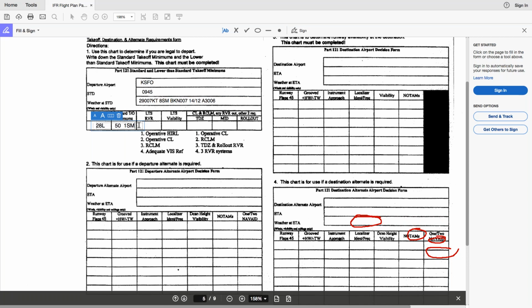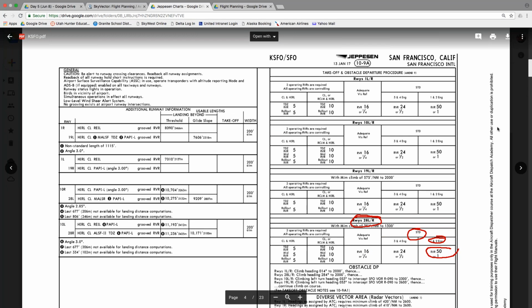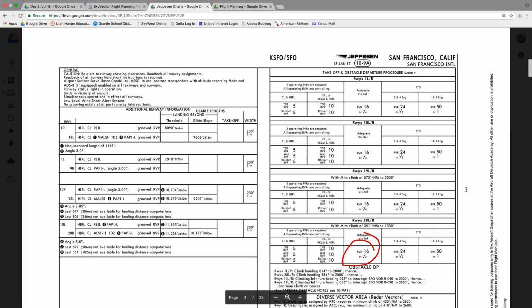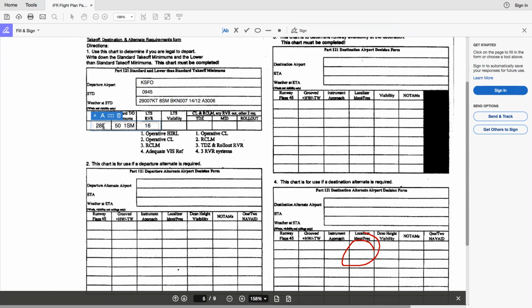Okay, less than standard RVR. We're going to use that. So our RVR is 1600, and our visibility is 1/4 mile.